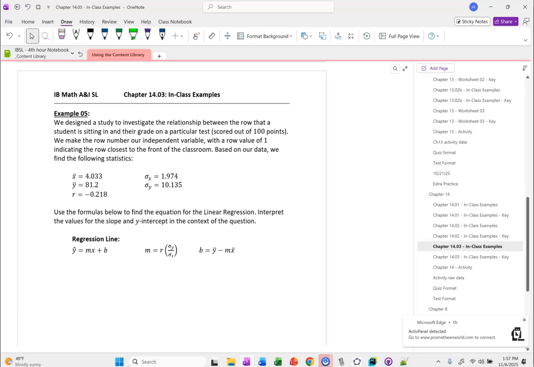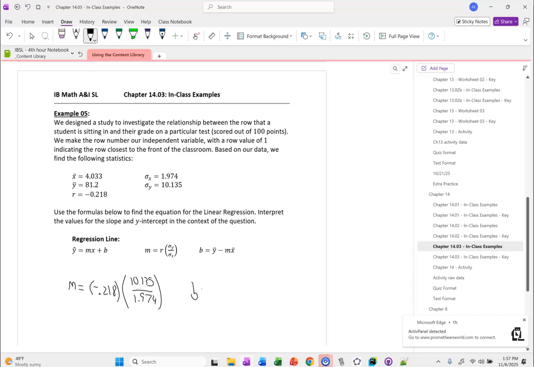How would I find the slope? R times standard deviation 1. Right, just fill them in. Everybody's okay?